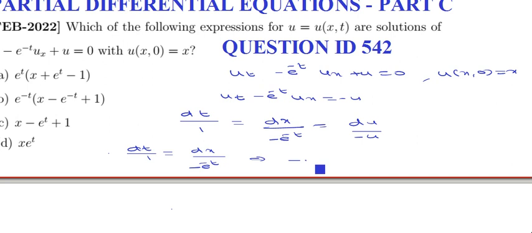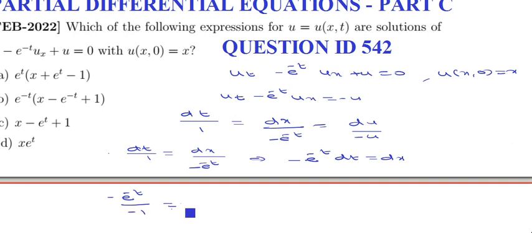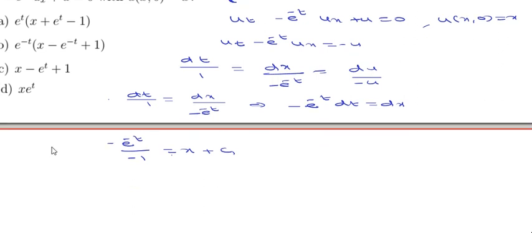So this implies minus of e power minus t dt equal to dx. So when we integrate, we will get e power minus t, so minus e power minus t by minus 1 equal to x plus some constant c1. So this is nothing but e power minus t minus x equal to c1.